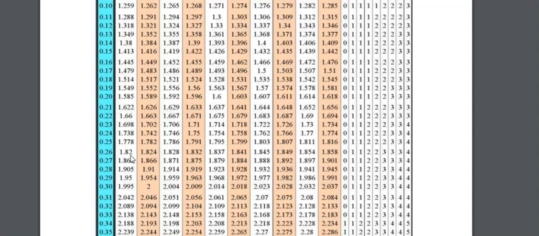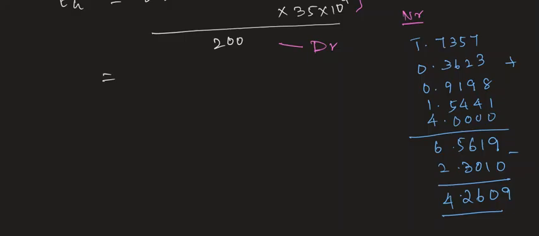So 1.8204. Then 1.8204 into 10 power, you have to put the power 4.